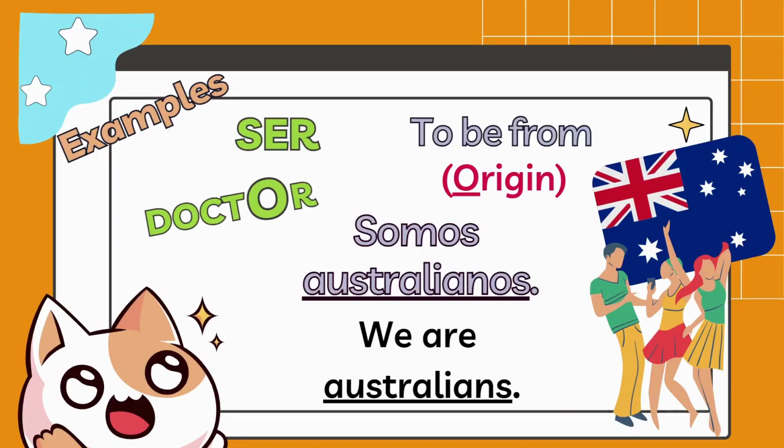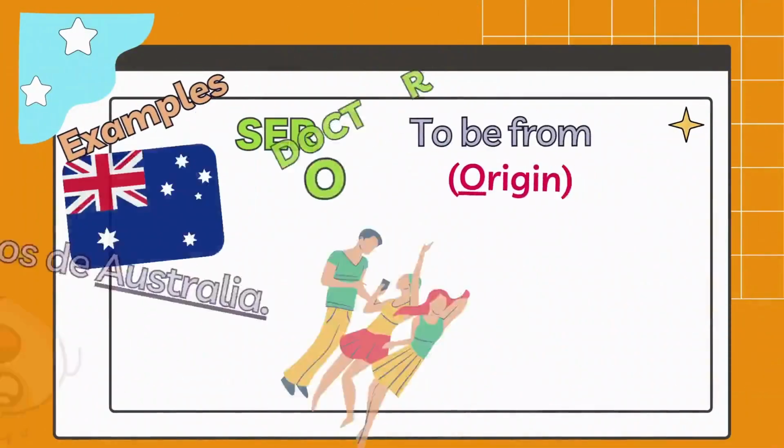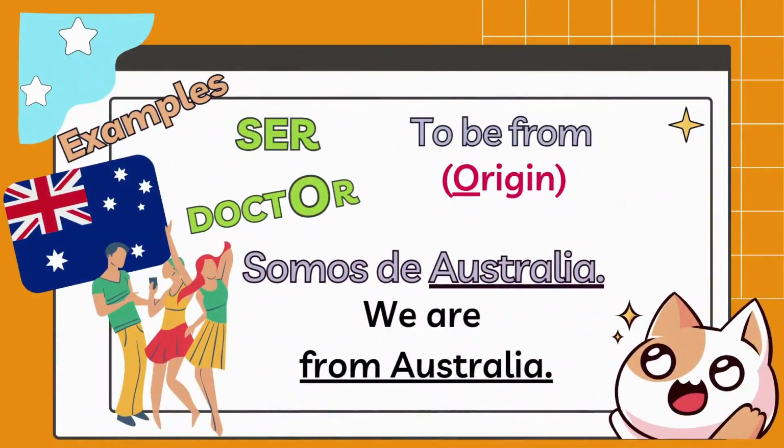You can also talk about your origin by mentioning the country and not just the nationality. So, to be from a particular country. For example, we are from Australia. Somos de Australia.